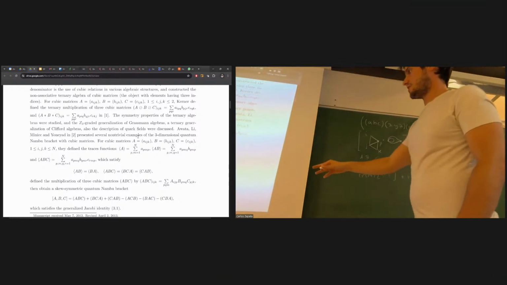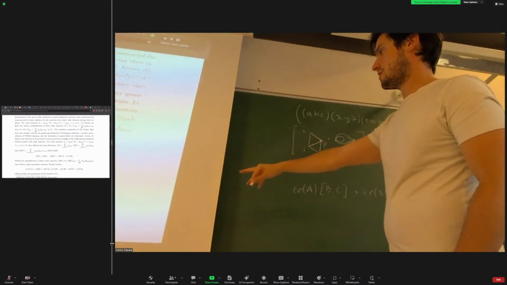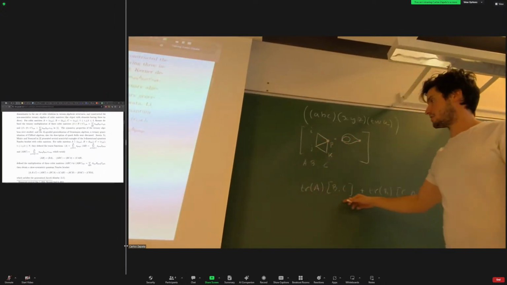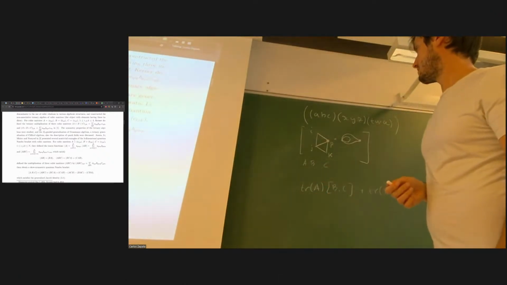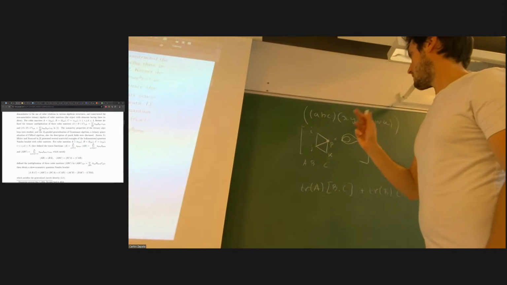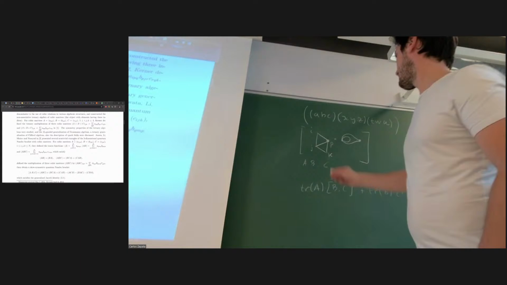They can see now. So this product really is a binary product of cubic matrices. So it basically looks like this in a sense, because this last one is connected to the first one.